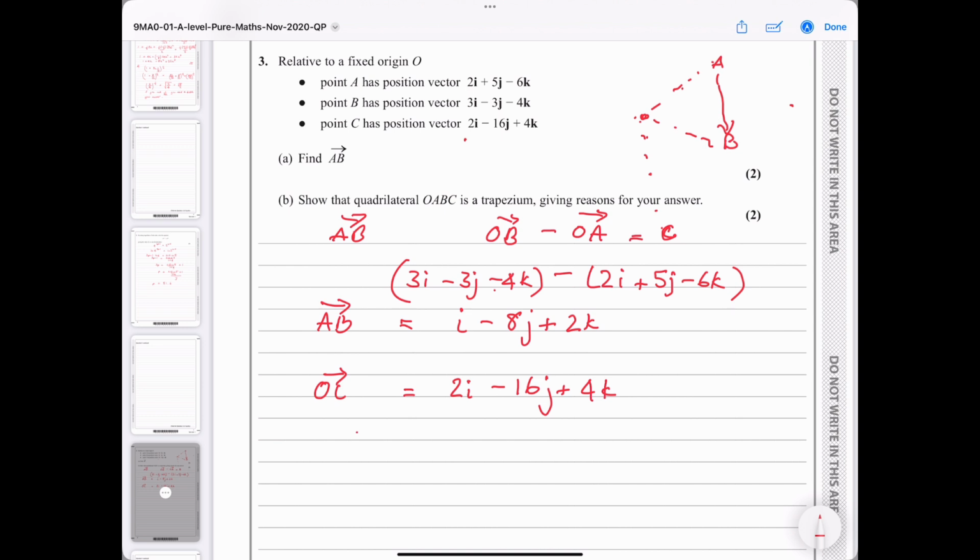Now, if a vector is parallel to another vector, they have the same formula, just a different scale factor.